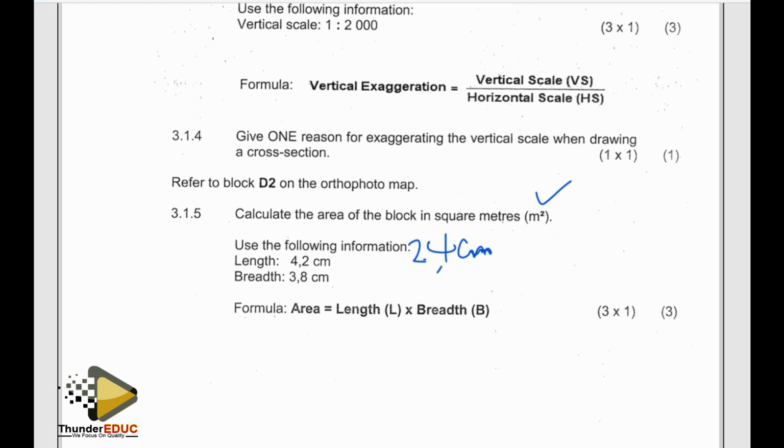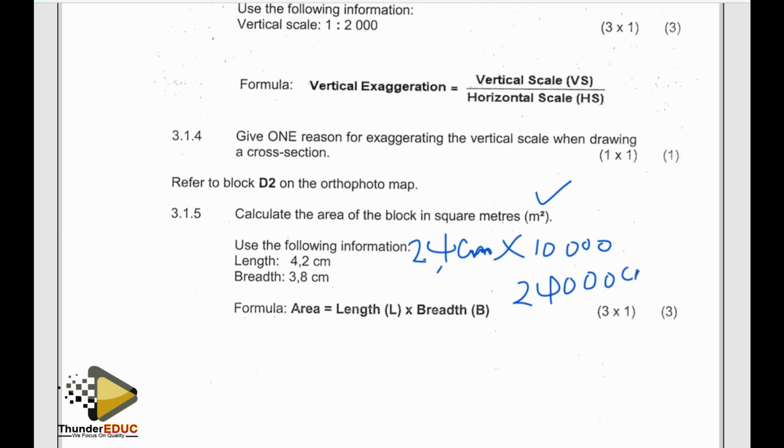If you get a length of 4.2 and you are extracting this from the orthophoto map, you multiply by the map scale of the orthophoto map, which is 10,000. Let me do it the longer way and the shorter way. 4.2 centimeters, you multiply by the map scale 10,000. You get 42,000, which gives 24,000.